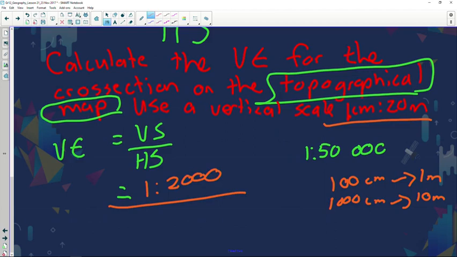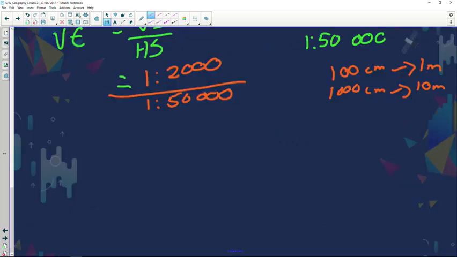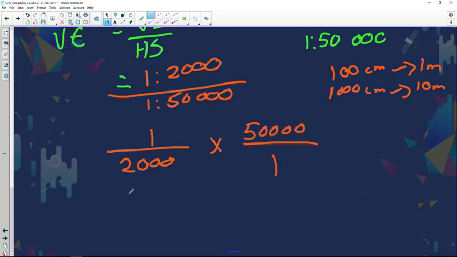What's the horizontal scale? It's been provided to you. Topographical map, 1 to 50,000. So 1 to 2,000 divided by 1 to 50,000. So what do we need to do? Simple mathematical skills. 1 over 2,000 times 50,000 over 1. And what will happen then?